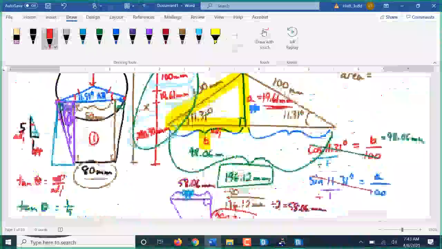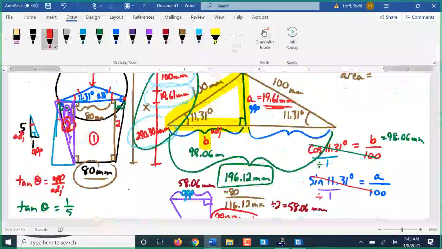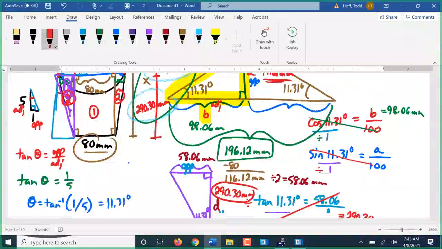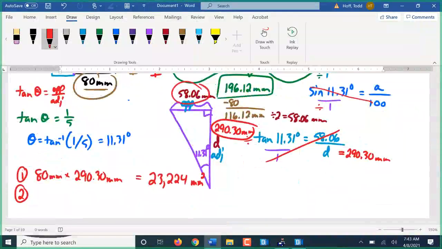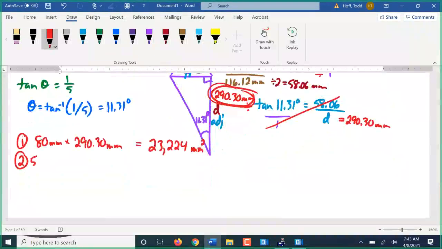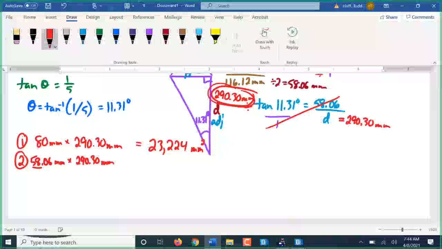My second shape is going to be these 2 triangles here. They're mirror images of each other, but they have the exact same area. That's actually this triangle here. It'll be 58.06 by the 290.30. Since it's a triangle, it's divided by 2.